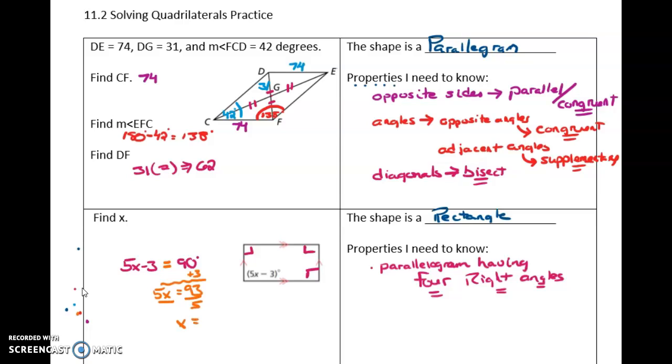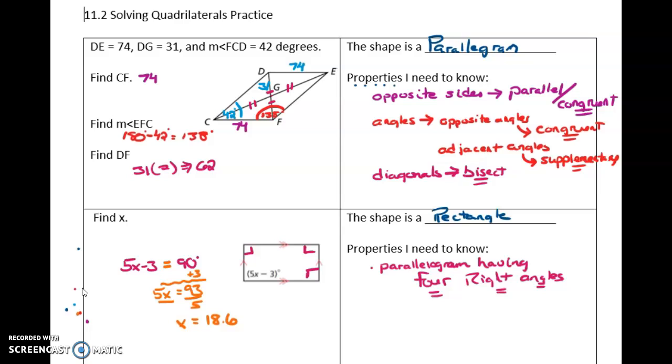So how many times does 5 go into 93? 5 goes in 18 times, with 3 left over. It's 3 divided by 5, which is 0.6. I don't have my calculator on me, but I think that's good.